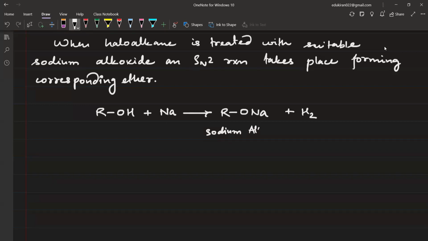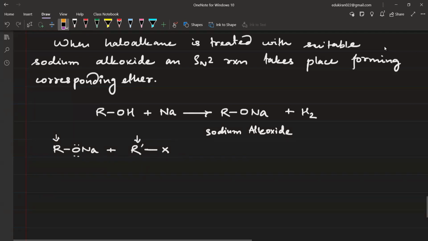This is sodium alkoxide. Obviously you can replace the R group with CH3 and you will get CH3ONa. Now when this sodium alkoxide RONa reacts with haloalkane, which is R'X, I have written R dash because this R and this R may or may not be the same. It can be different also.